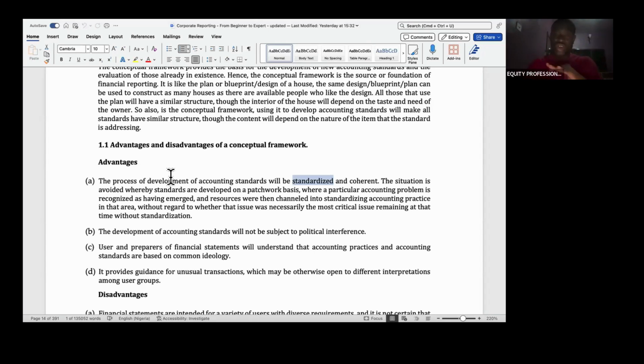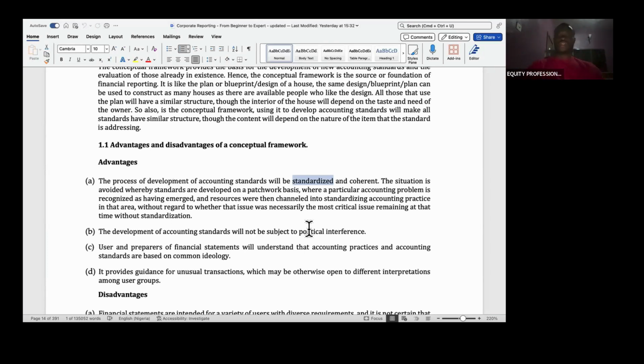All standards on non-monetary or non-financial assets, the same. The reason is because they are based on the same principles. So their recognition and measurement bases are extremely similar. The only differences will be their peculiarity, the nature of the item.